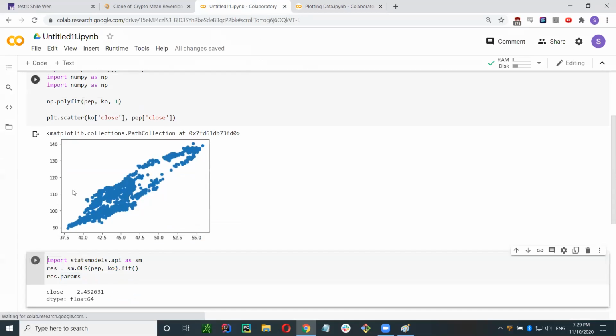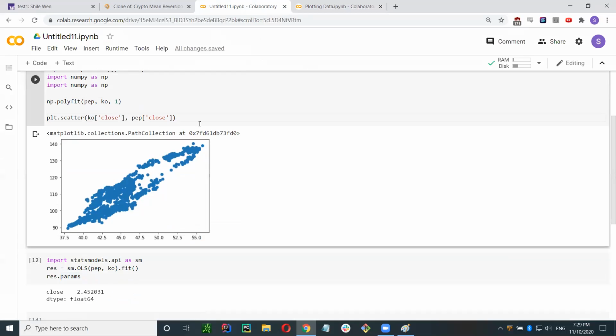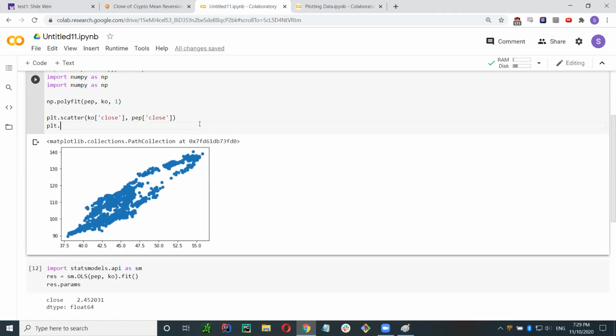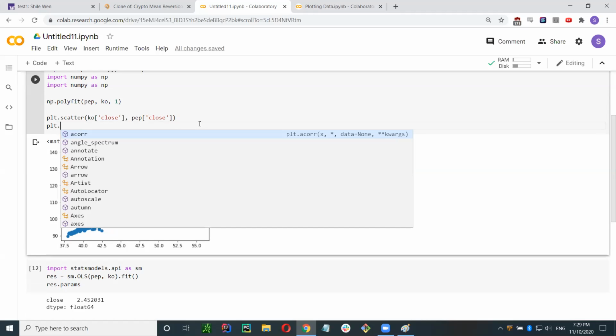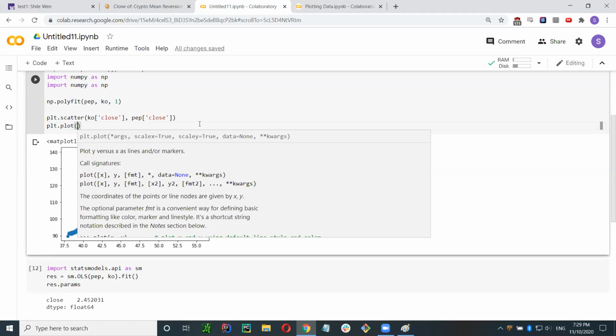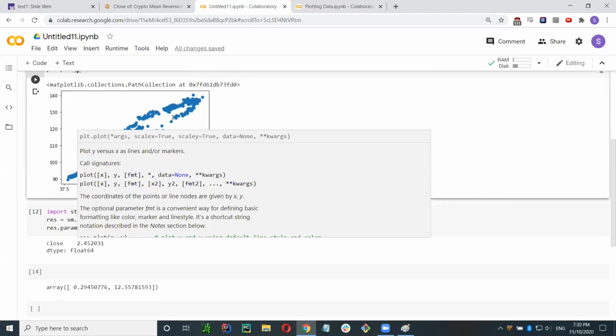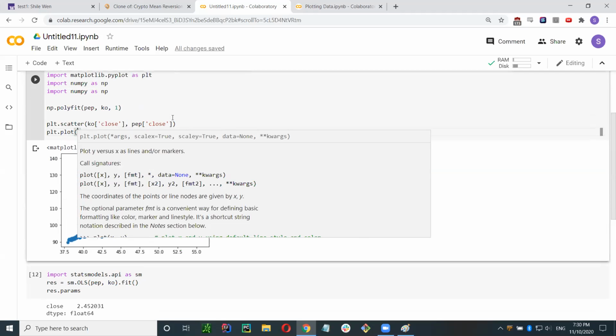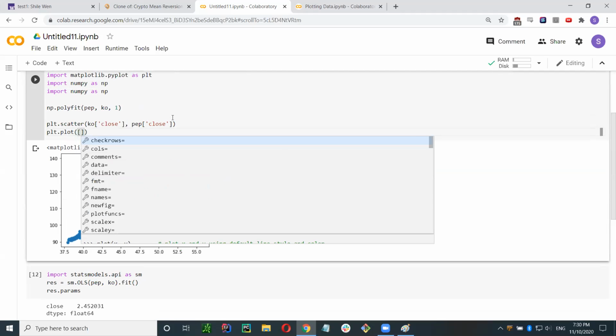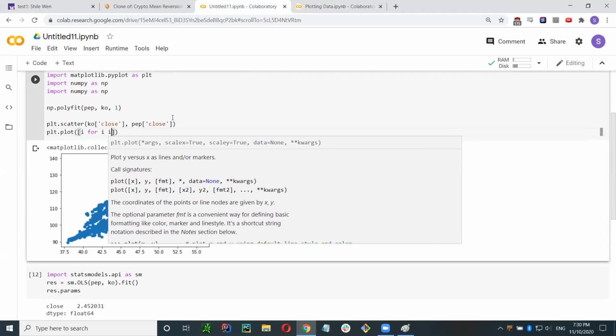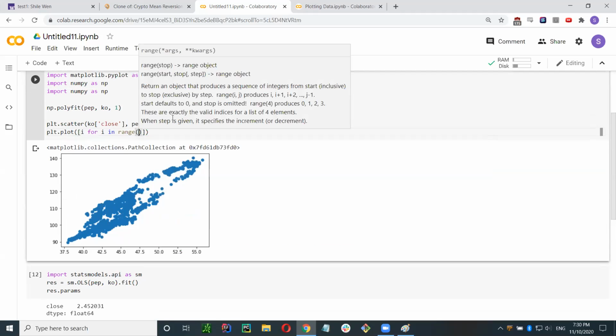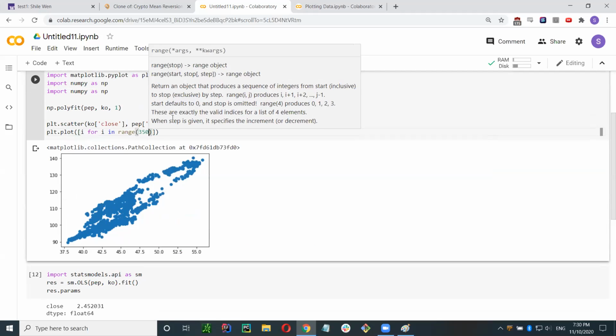And let's just put that line on there. plt dot... So our x will be i for i in range, let's just do like 35 to 60.